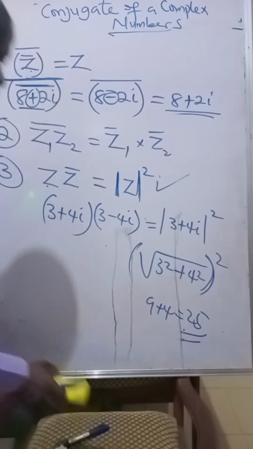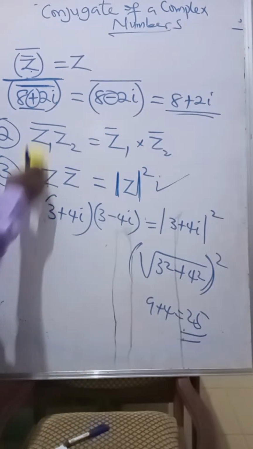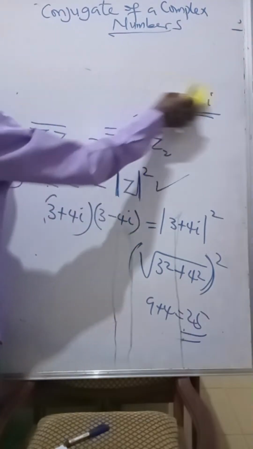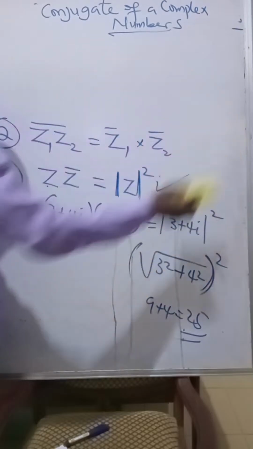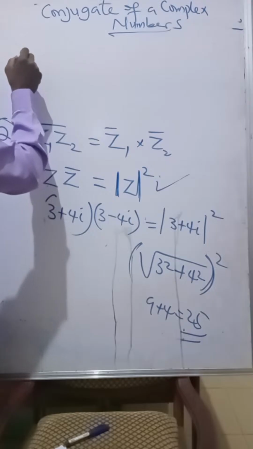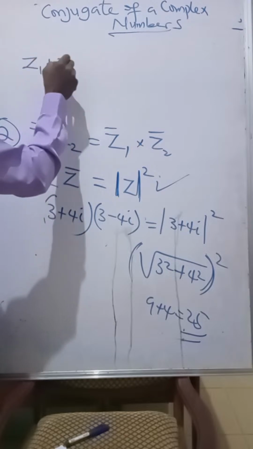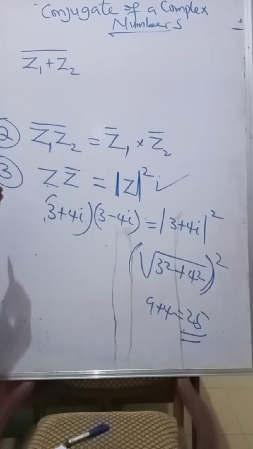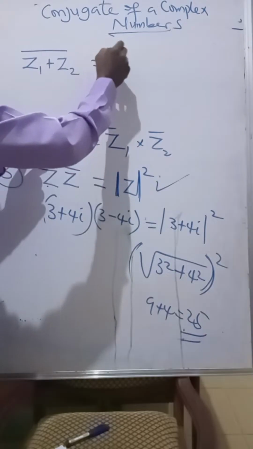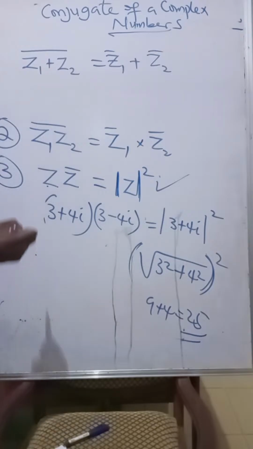Let's see the fourth one. When you have the conjugate of the sum of two complex numbers, it's going to give you the conjugate of this one plus the conjugate of that one. Let's see an illustration.